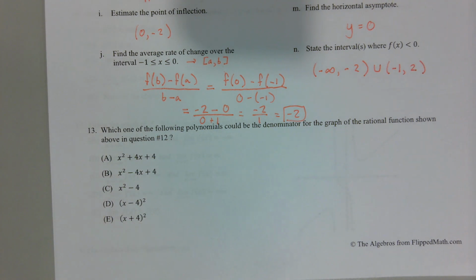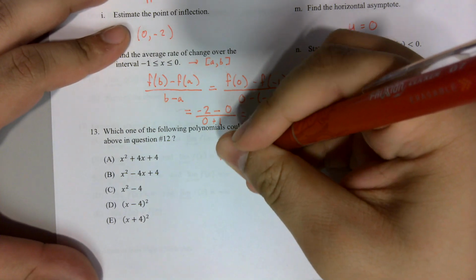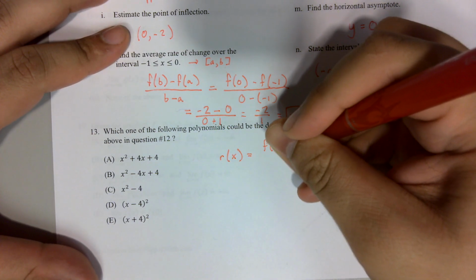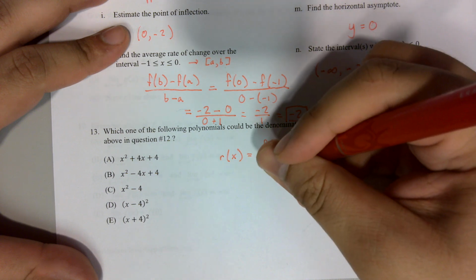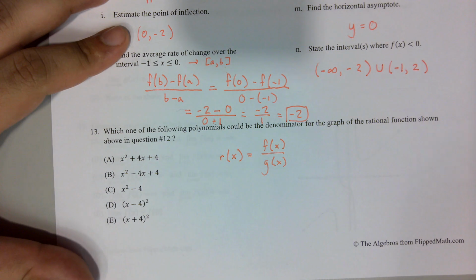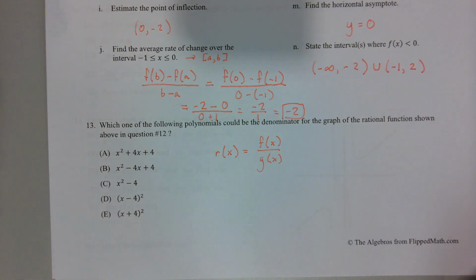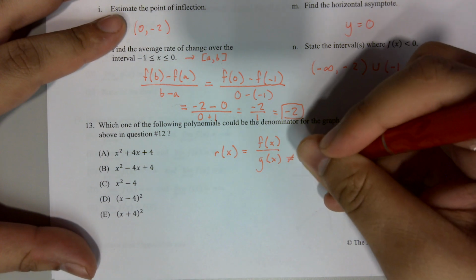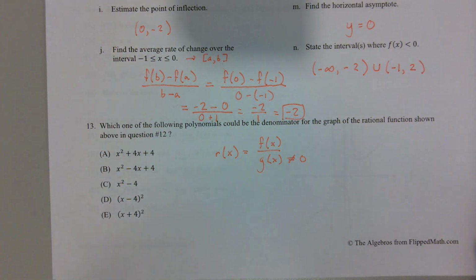Last question regarding this graph is, what could be a denominator for the graph above? And we're told that this is a rational function. And remember, our rational functions, r of x is equal to f of x divided by g of x. For all of our rational functions, our domain is only defined where g of x is not equal to 0.